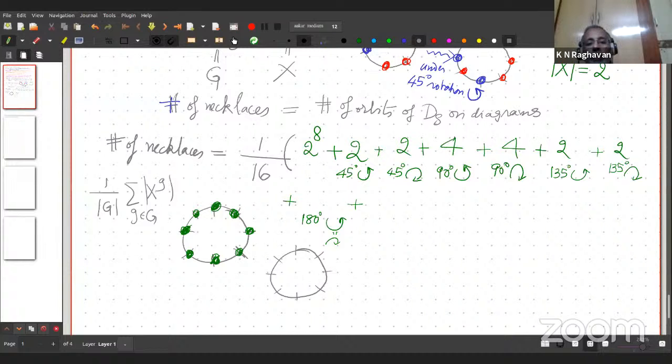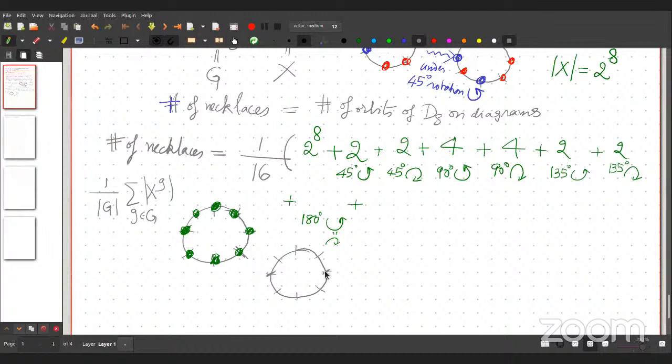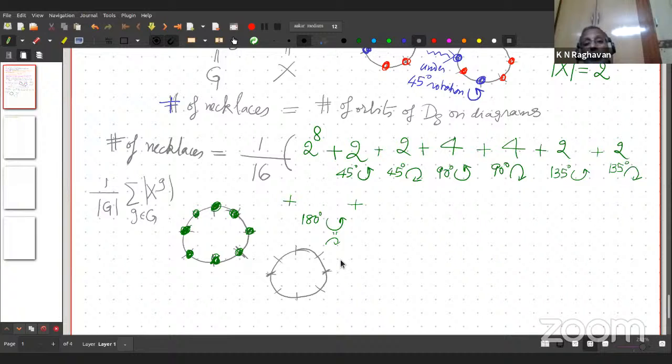Whatever I put here, I should put here, right? But then if I turn back, it comes back here. Sir, we already did 180-degree. Where did we do? 90-degree anti-clockwise. 90-degree clockwise is different from 180-degree clockwise. See, this is a different group element.